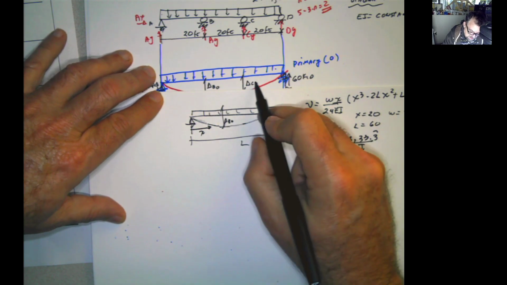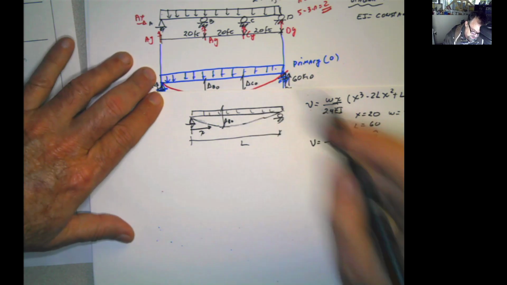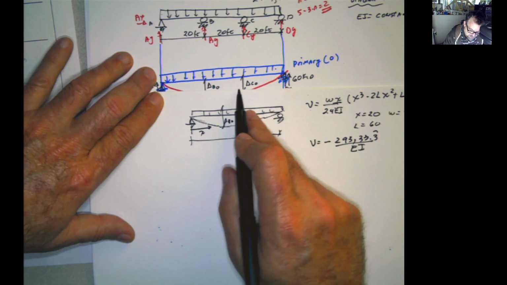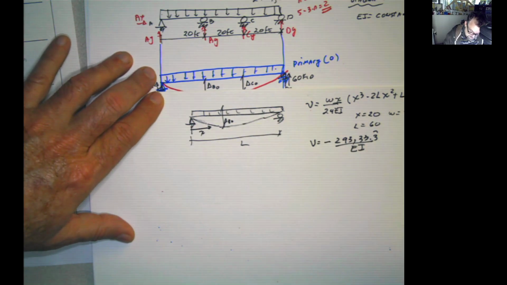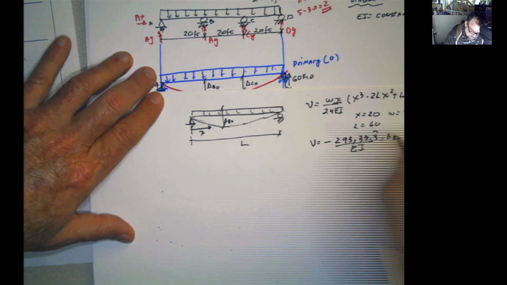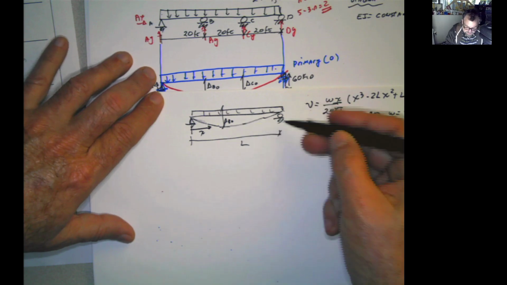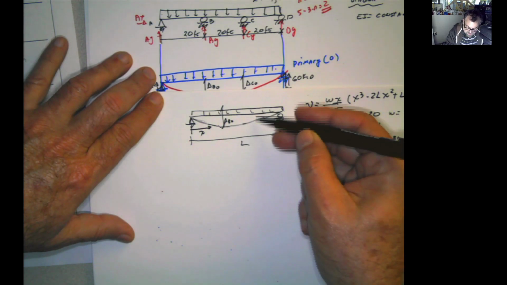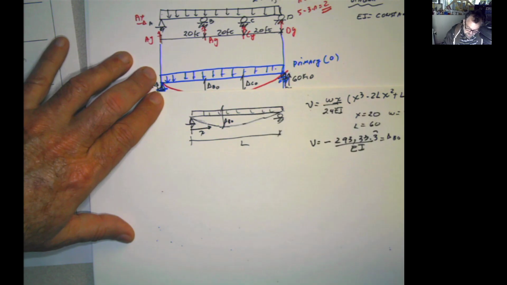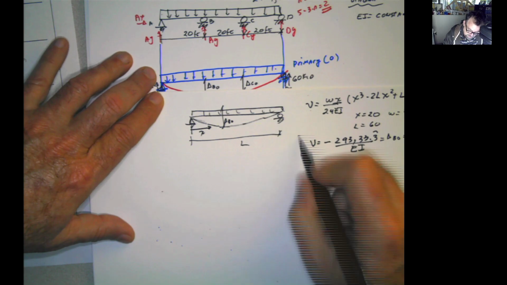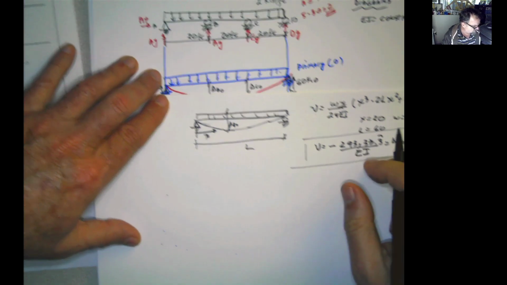Now I can calculate delta C0, and I could put x equal to 40 and L equal to 60, but as I said before, this is delta B0, and because this is symmetric, it's the same case if I'm measuring from this end to here, x equals 20, and that will give me the value at this point. So delta B0 is equal to delta C0. I don't have to calculate it twice.